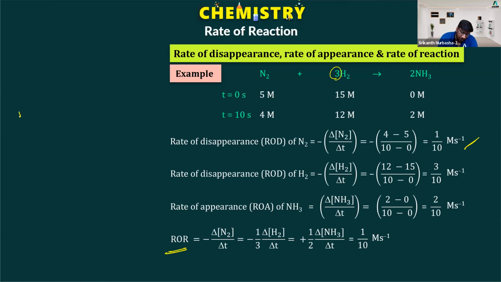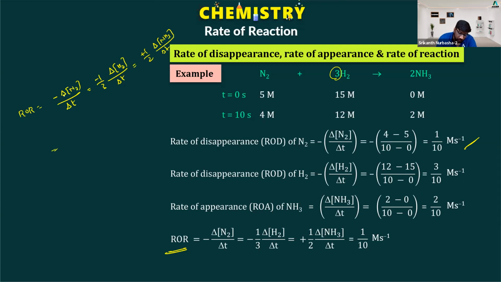So rate of reaction is always minus of change in concentration of N2 by time required for that change, minus 1 by 3 of change in concentration of H2 divided by time required for that change, that is equal to plus 1 by 2 times that of change in concentration of NH3 by time required for that change.